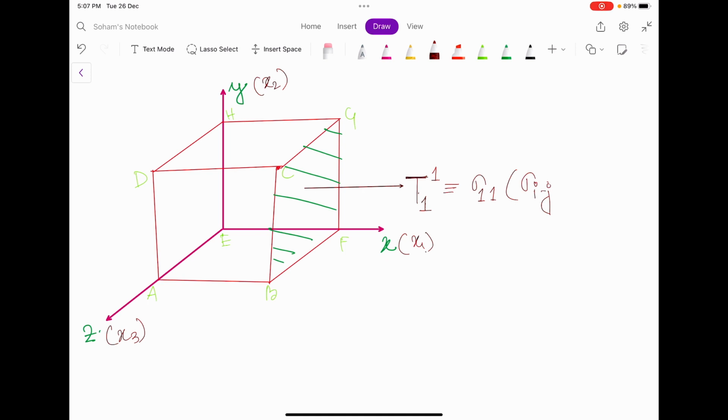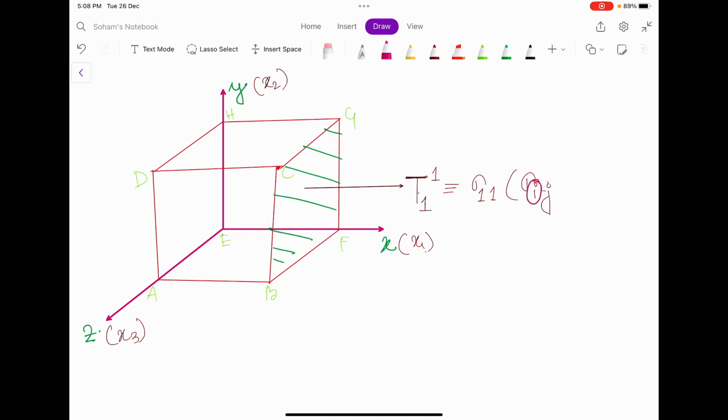So this is applicable only when the surfaces on which the forces are acting are having their unit normals along the coordinate axis. I again repeat this, that the sigma ij notation is only valid if the forces are acting on surfaces which are having their unit normals along the coordinate axis, right?